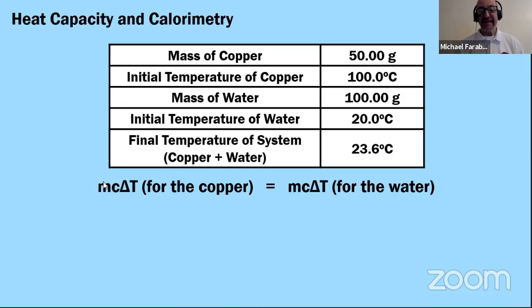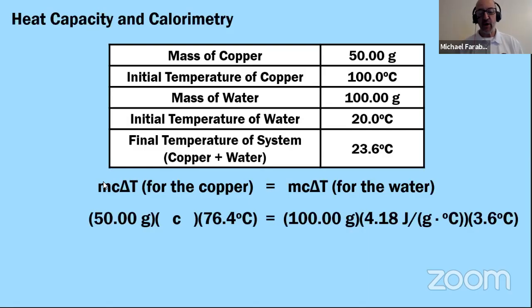And we know everything except for the specific heat capacity of the copper. We know the mass of the copper is 50 grams. We know that the change in temperature of the copper was 76.4 degrees. We know that the mass of the water is 100 grams. And we know the specific heat capacity of the water that was given to us. And the change in temperature for the water is 3.6 degrees Celsius.